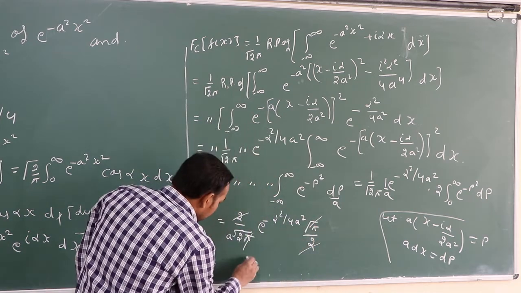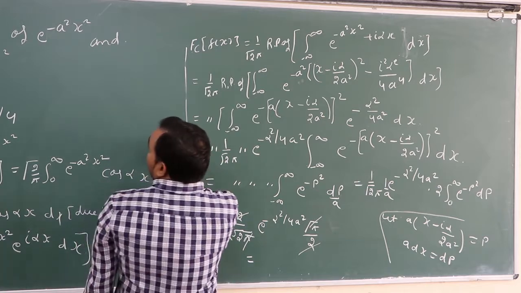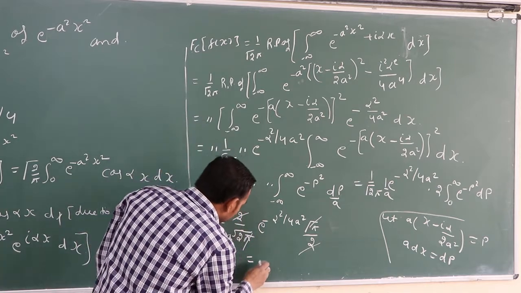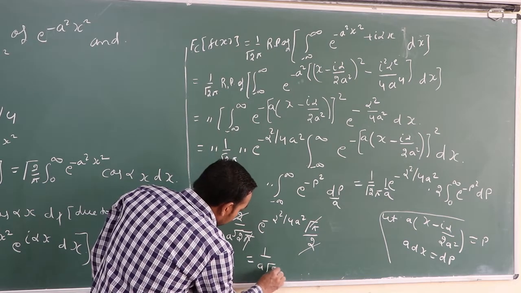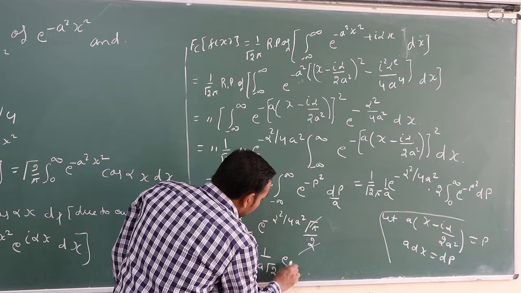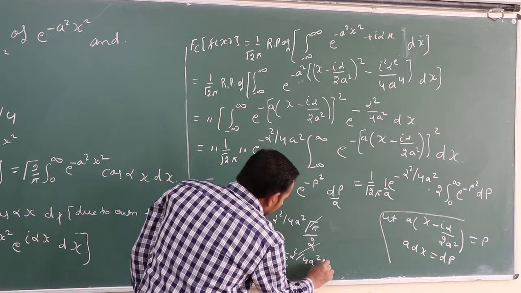So simply we say that the Fourier cosine transform of this is 1 upon a under root 2 pi, a to the power minus alpha square upon 4a square.